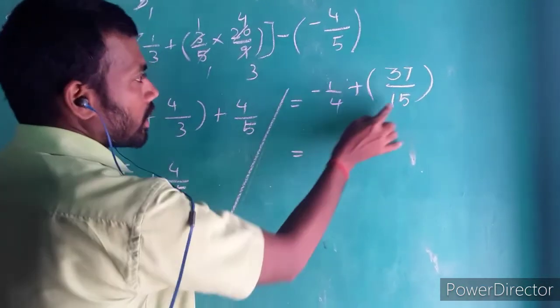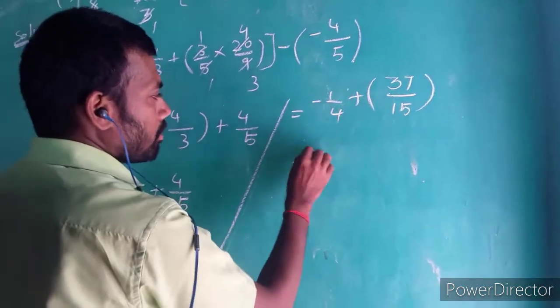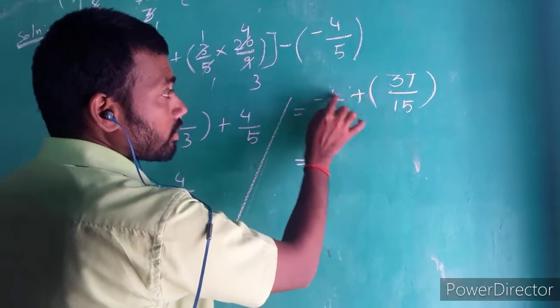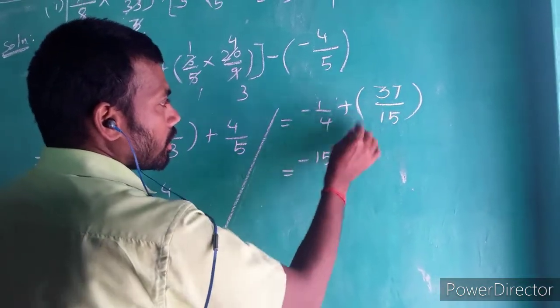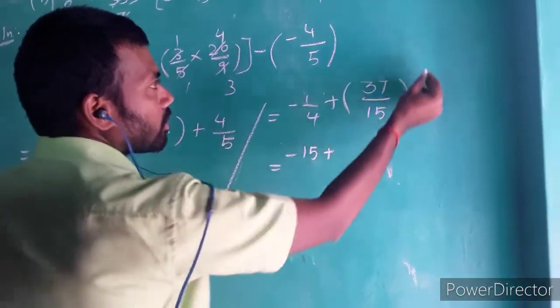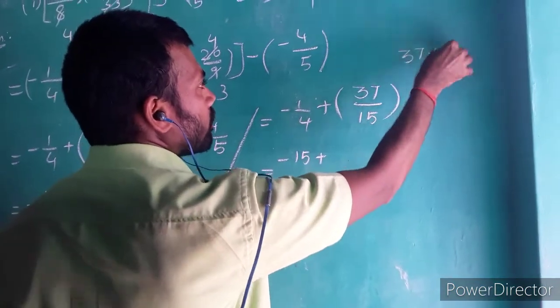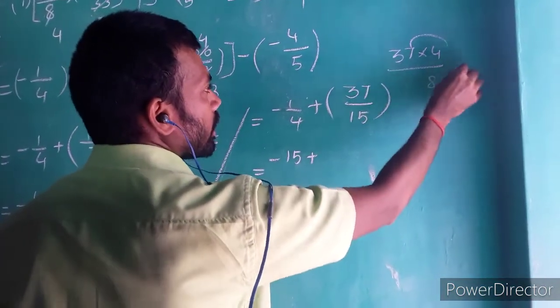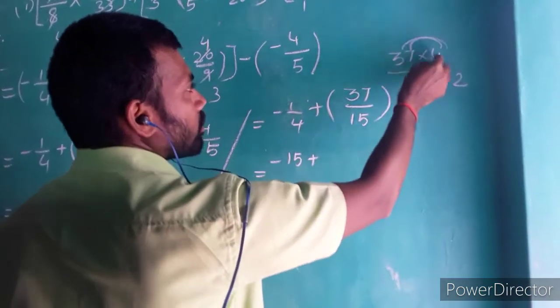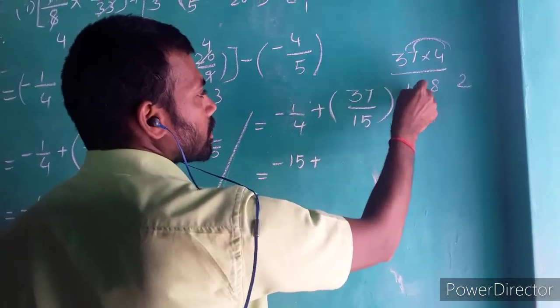Next, using the crosswise multiply, plus and minus, minus 1, 5 ones are 15. Next one, plus 37 into 4, 4 sevens are 28, balance 2. Next, 4 threes are 12, 12 plus 2 answer is 14.